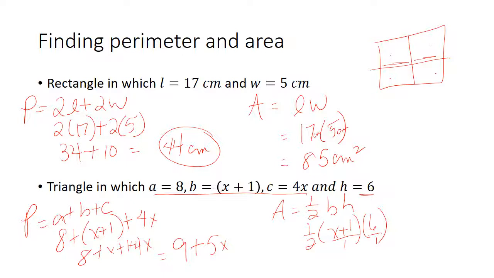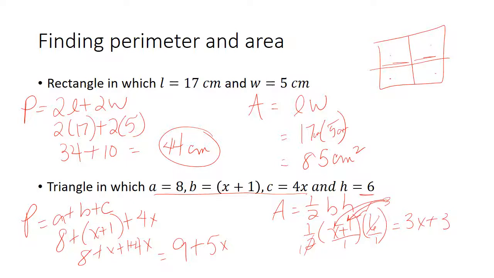I have my 2 on the bottom. I can go ahead and divide x plus 1 divided by 2. I could distribute my 6 to my x and to my 1. That would work. Or I can just go ahead and reduce my 1/2 and my 6 here. That 2 is going to turn into a 1 and the 6 would turn into a 3. And now I'm going to distribute my 3 to my 1 and my 3 to my x, giving me 3x plus 3.